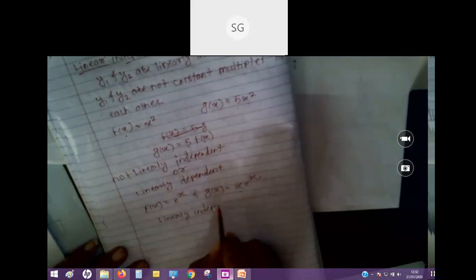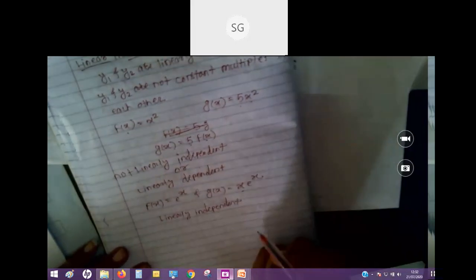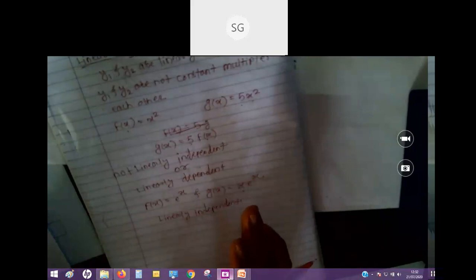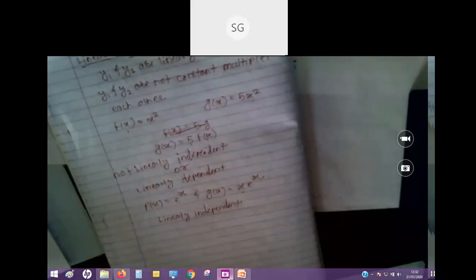Now, do you understand this concept? Linear dependency and independency. If both the solutions or both the functions are not constant multiples of each other, then they are linearly independent of each other.